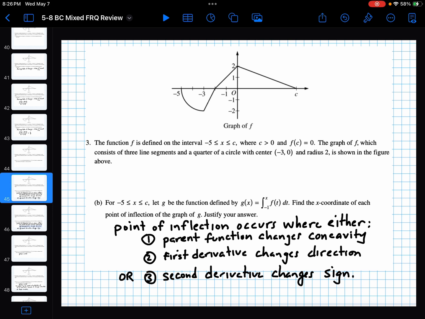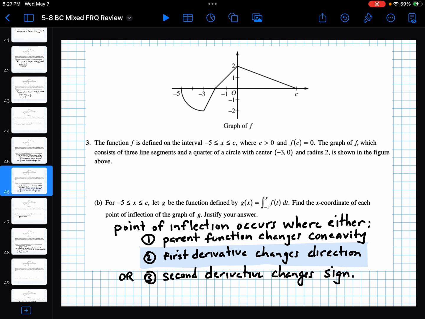And the second one here is the one we're going to look at, where the first derivative changes direction, because the first derivative of g, when you differentiate an integral like that, is the integrand evaluated at the upper limit times the derivative of the upper limit. In this case, g prime of x will equal f of x. And since we have the graph of f, it's real easy to see where it changes from decreasing to increasing or increasing to decreasing. So we're going to zoom in on that.